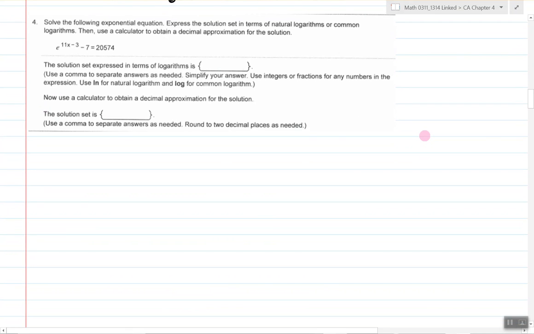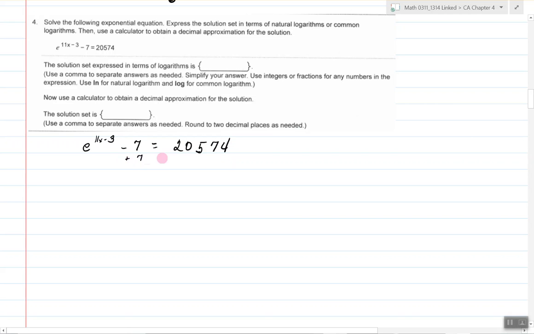It's a little more complicated, but once again, the base is e, which means I'm going to use natural logarithms. Now, before I can do this, I am supposed to isolate the exponential. So I have e to the 11x minus 3 minus a 7 is equal to 20,574.